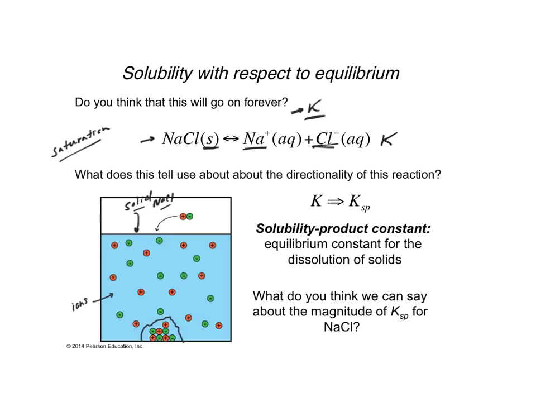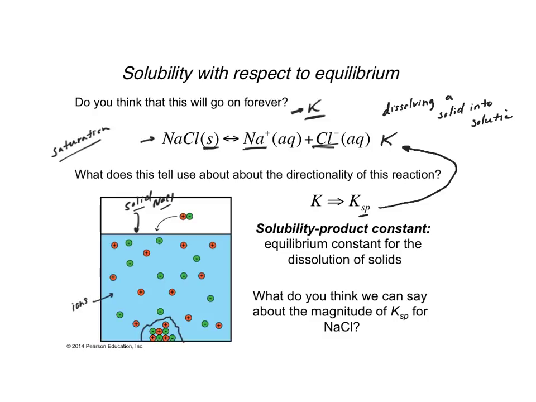Again, this is going to be given its own little equilibrium value, and we're going to give this a special little subscript. We're going to call this KSP for the solubility product constant, which is the equilibrium constant that deals with these reactions where you're dissolving a solid into solution.